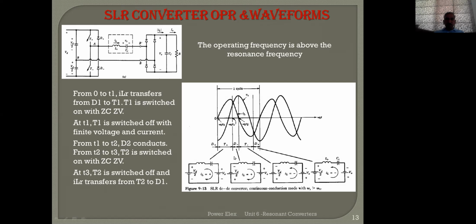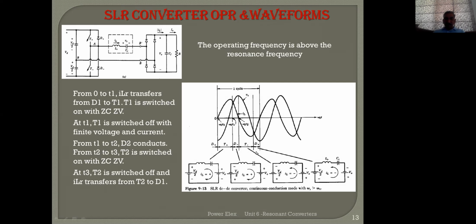From T1 to T2, D2 conducts, means this T minus. From T2 to T3, T minus is switched on. At that point, when T minus is switched on, the current is 0, but with some finite V0, means at some voltage.